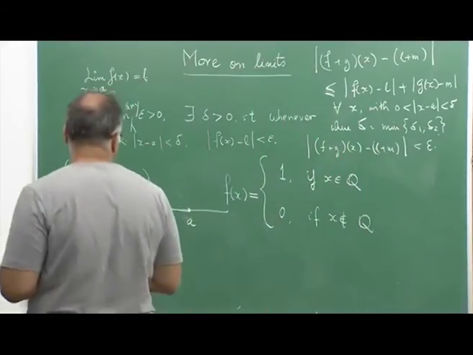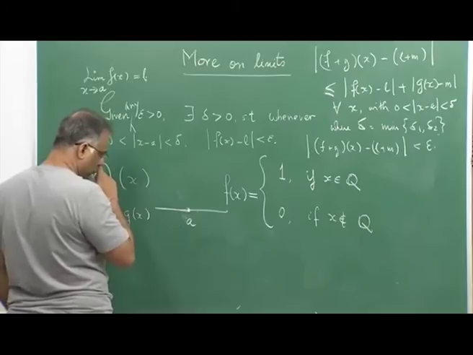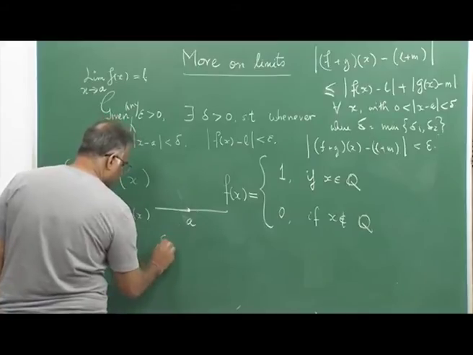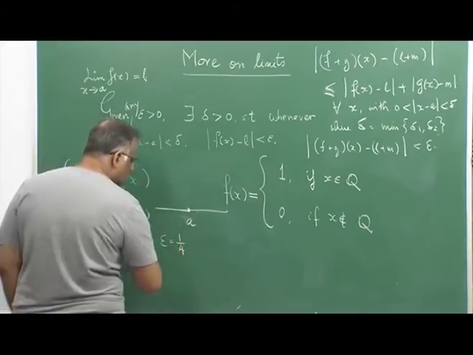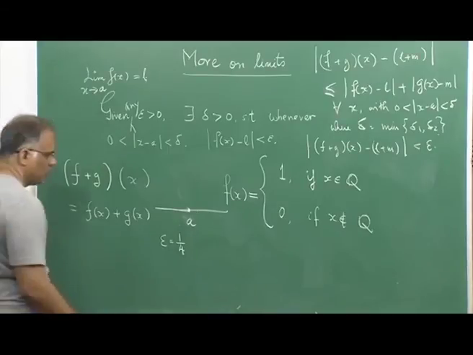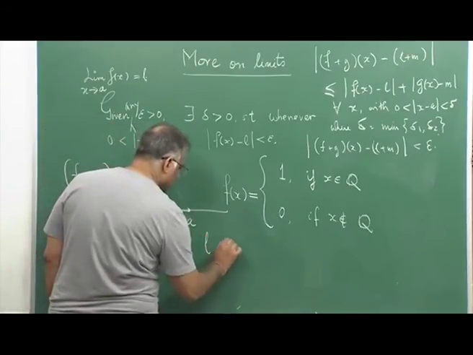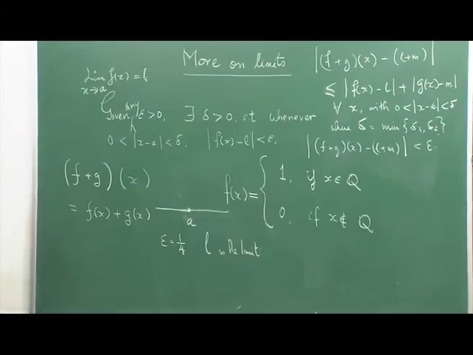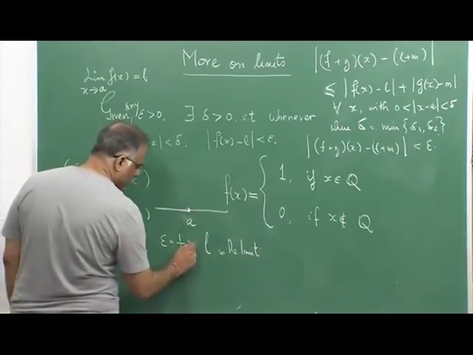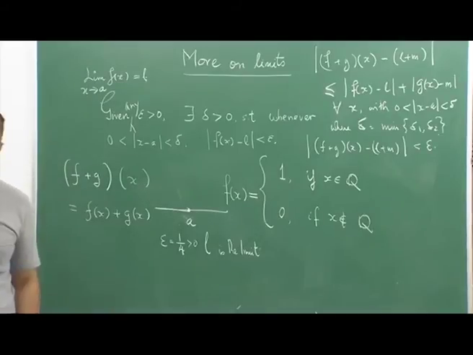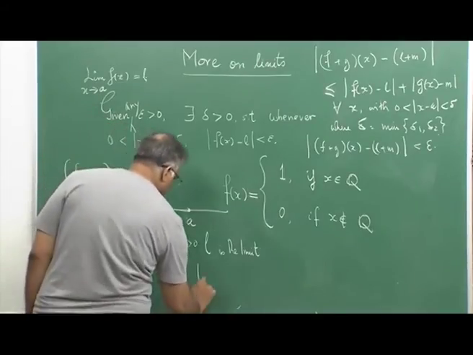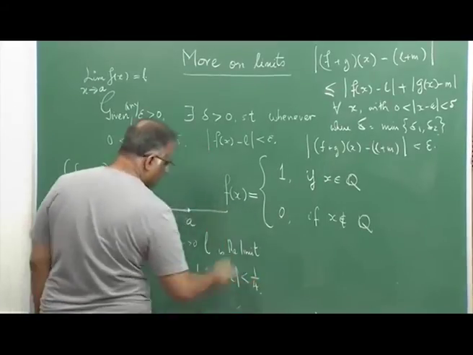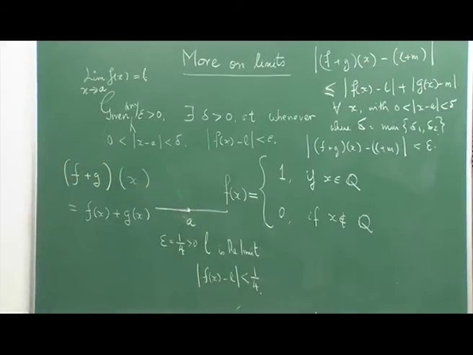For example, if I take epsilon equal to 1/4 and say L is the limit, suppose it has some limit L, then given this epsilon, I should be able to find a delta such that this should happen.